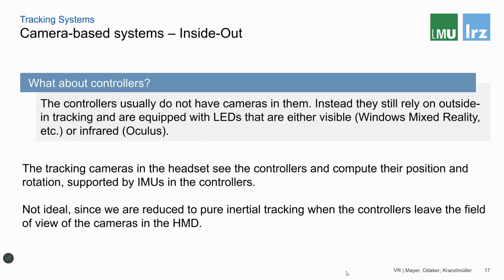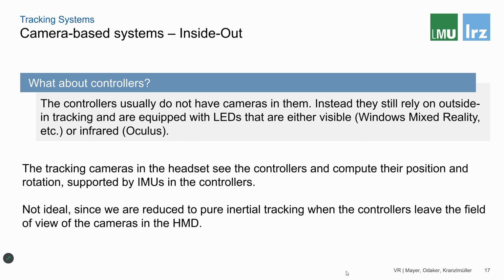What you do with the controllers is that usually the controllers do not have cameras in them. So they actually use a different type of setup. Instead, controllers usually are tracked outside in. So they use the cameras on the headset to track the controllers.